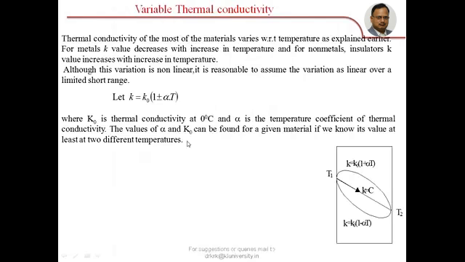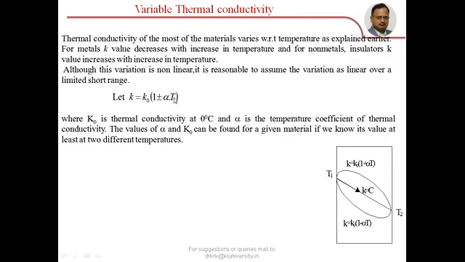Assuming like that, you can treat it as linear, and the governing equation is K equal to K naught into 1 plus or minus alpha T, where K naught is thermal conductivity at 0 degree centigrade, be careful, and alpha is the temperature coefficient of thermal conductivity and T is the temperature.